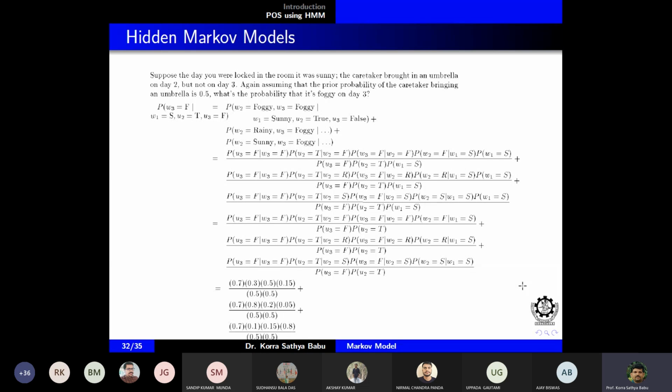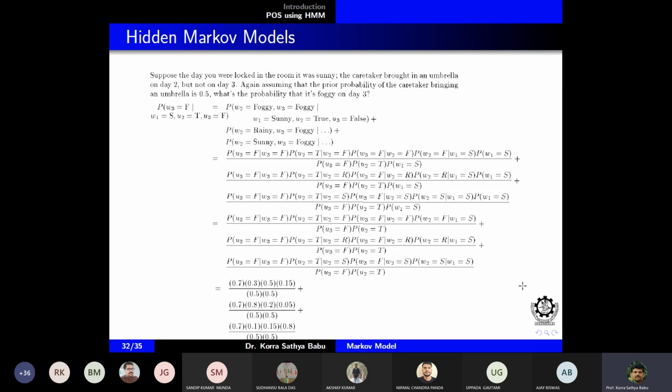Foggy, rainy or sunny, right? So the probability of W2 equal to sunny followed by W3 equal to foggy given W1 equal to sunny and U2 equal to true, meaning the second day he has taken the umbrella, and U3 equal to false, meaning that the third day he did not take the umbrella.